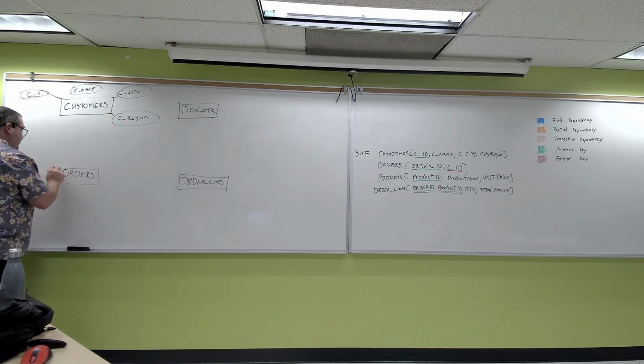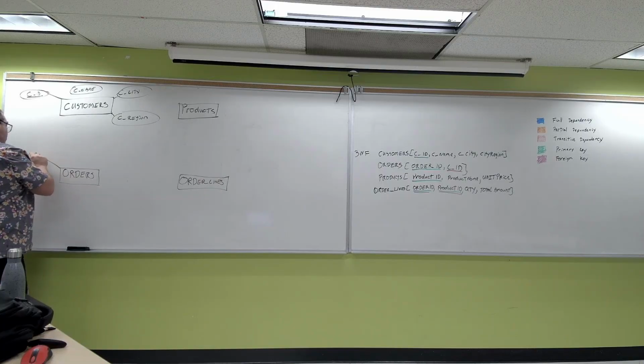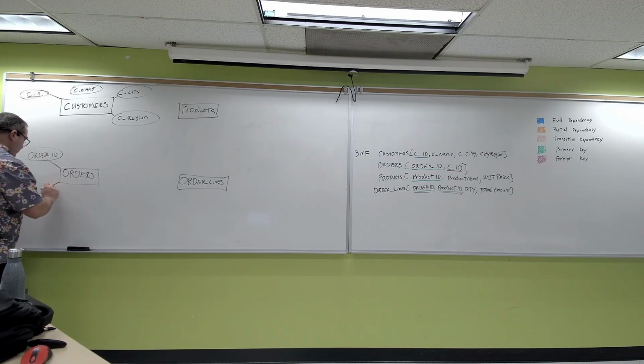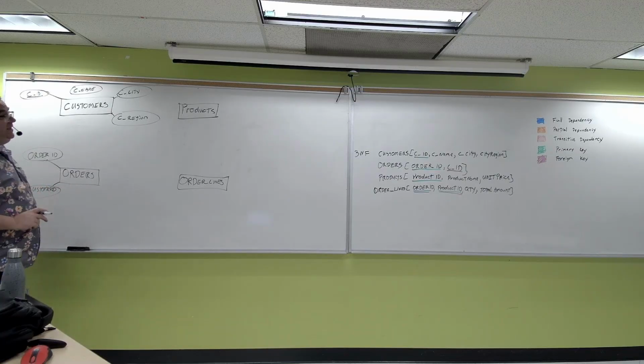This one has order ID. I'm actually going to include customer ID. Normally you don't do the foreign keys, but I'll include it just for you guys to get the full transition of the process here. ID. Pardon my terrible handwriting.